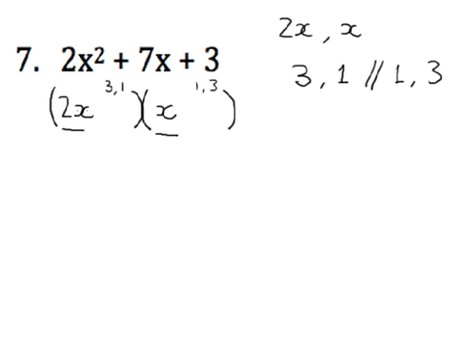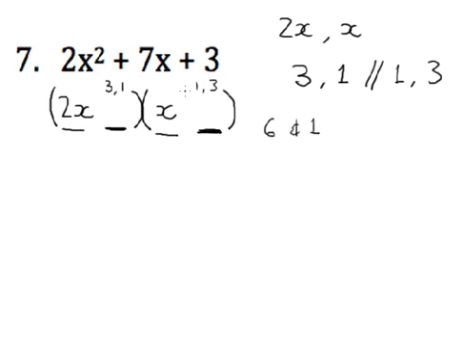I'm going to multiply the 2x by whatever number goes here, and the 1x by whatever number goes here. So I can have 2 times 3, which is 6, and 1 times 1. So that would end up with a 6 and a 1, which I have to combine somehow to give me this 7 in the middle.